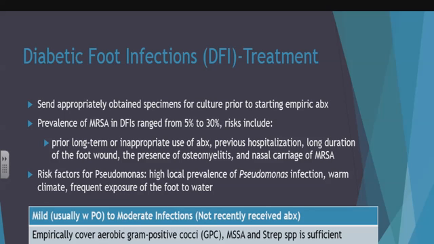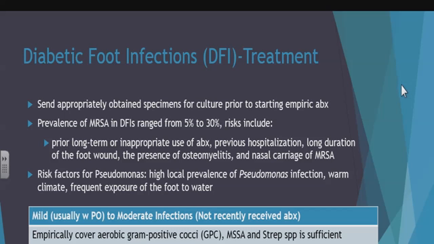For moderate to severe infections, you do need to empirically cover for MSSA, and if it's severe, you need to cover for MRSA, and then you also need to cover for Enterobacteriaceae and obligate anaerobes. So then you're starting to need to really broaden your coverage even more.